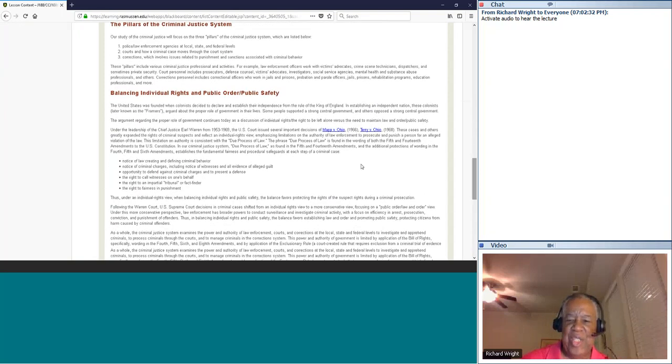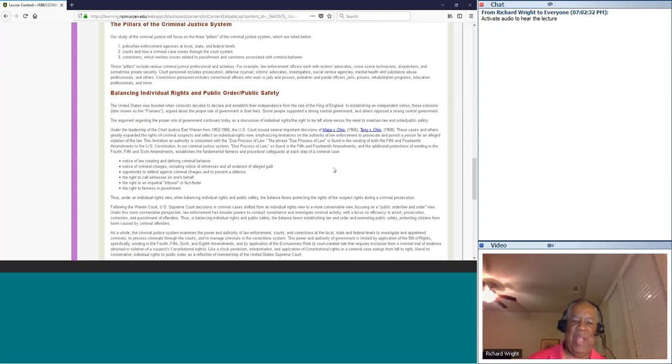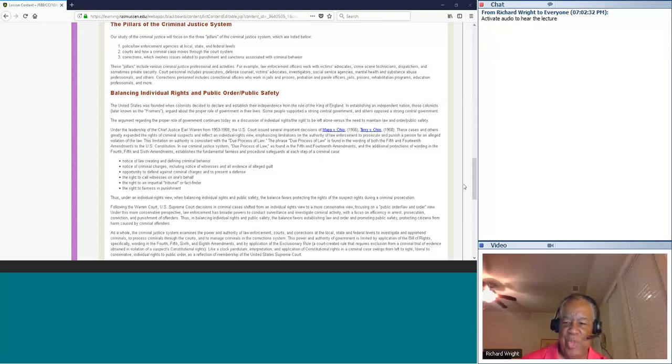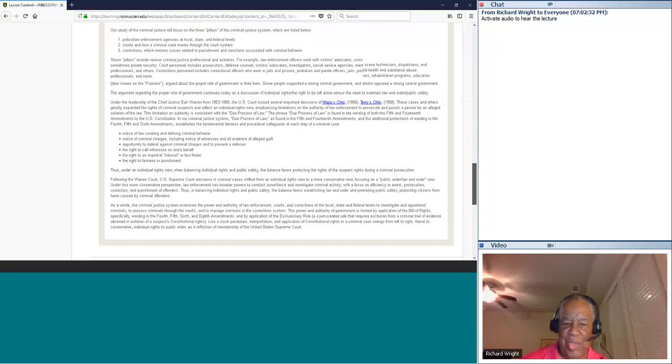Now we did talk about this issue, balancing individual rights and public order and safety. This is where you can take time to read this section and deal with the issues that you are writing about in your discussion post. It gives you some ideas from court cases that involve search and seizure. It is important that you read this section as well as the materials to help you with your discussion post.